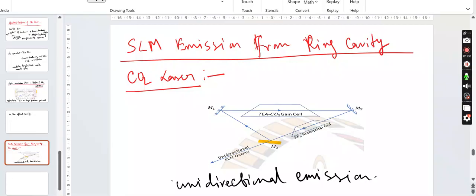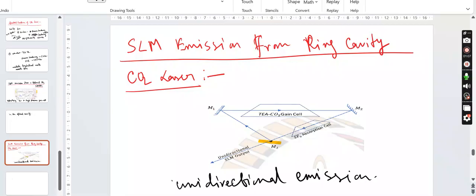So this ring laser, in the presence of this absorption cell, operates along the M3, M1 and M2 path, and at M3 it experiences transmission. This sulfur hexafluoride gas essentially performs the role of a saturable absorber.